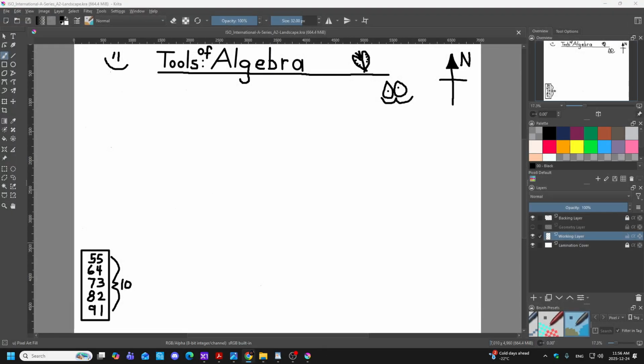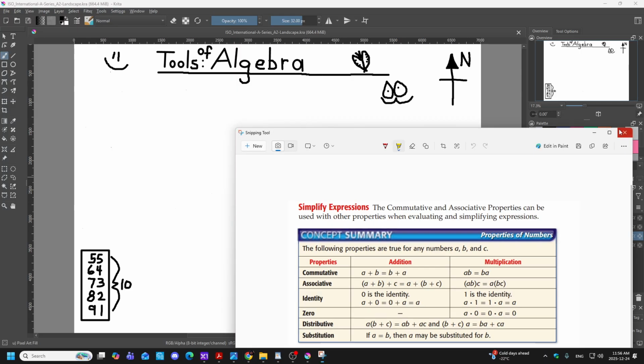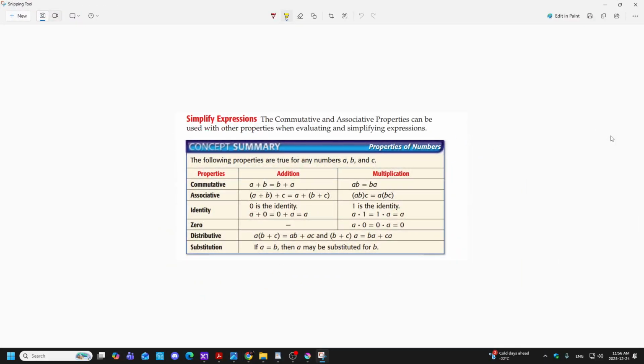And one more to share. Here we go. This is from the textbook. All right, some basic general rules, guidelines for you. They're quite helpful.